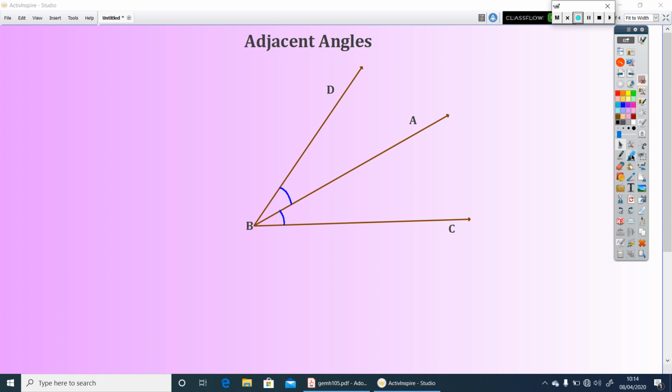So for adjacent angles, three conditions must be satisfied. First, they have a common vertex and a common arm, and the non-common arms are on either side of the common arm.